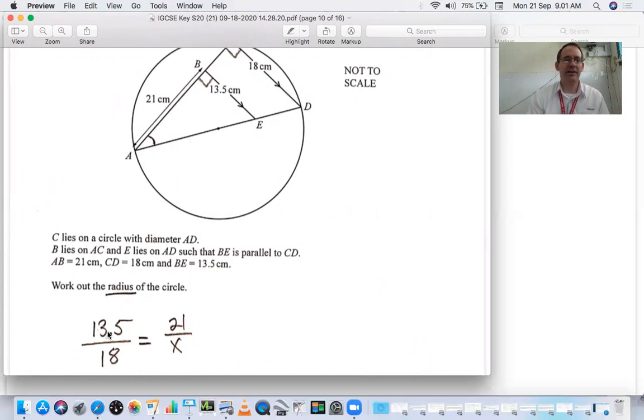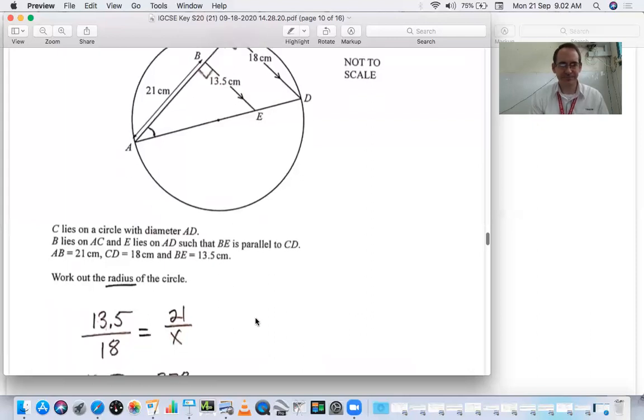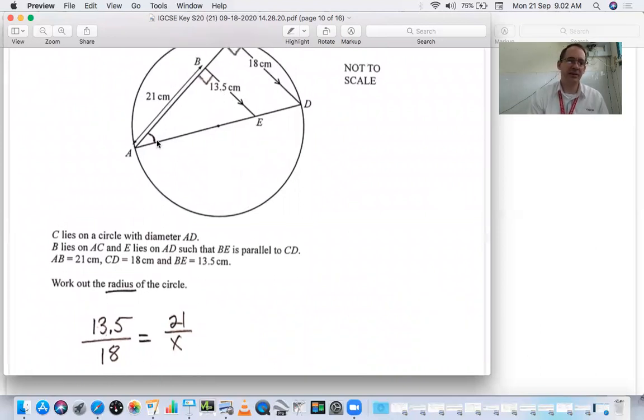Here I did 13.5 of the one triangle is proportional to the 18, as the 21 is proportional to the whole length, which I called x. Or you could have done 13.5 over 21 and then 18 over x. So there's two ways of setting it up.